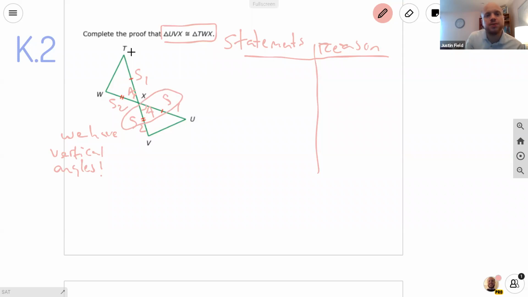So the two pieces of given information, and it doesn't really matter if you put the S1 or the S2 first. I'm even just going to put it as one long statement. So TX is congruent to XU.